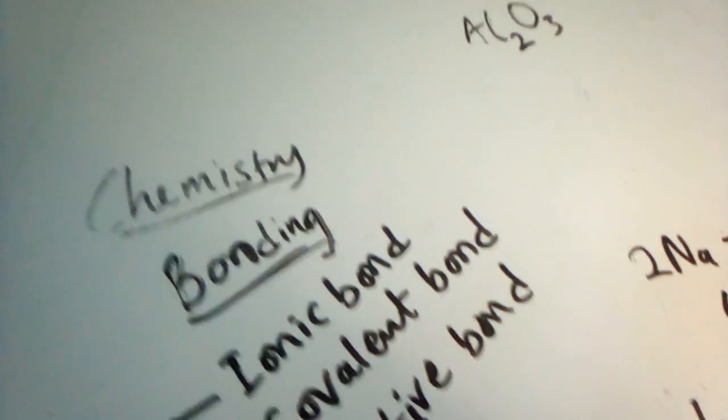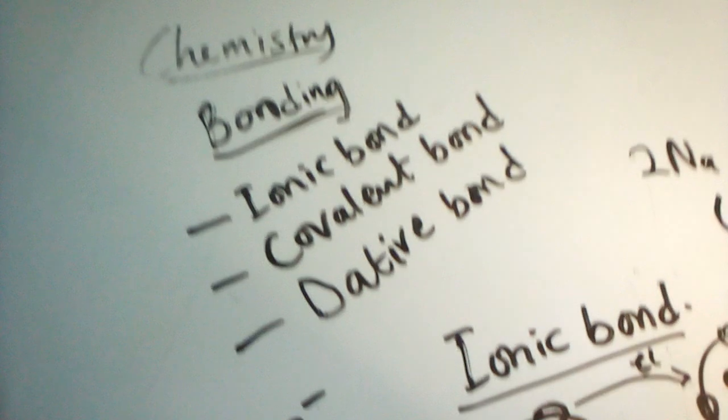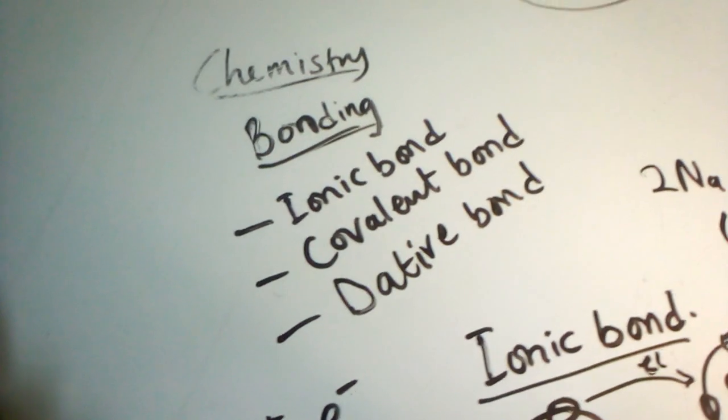So in that wise, we just have to stop here, and then we explain with more examples of compounds that contain ionic bond. Then we continue with covalent and dative bond in the next class.